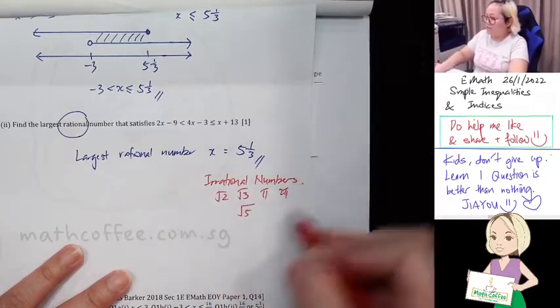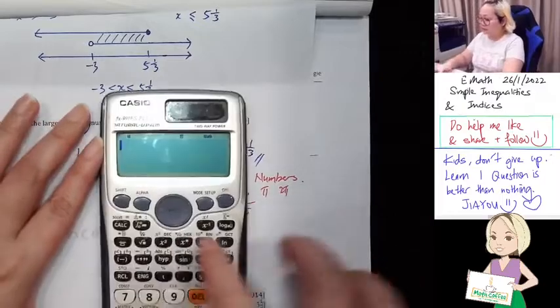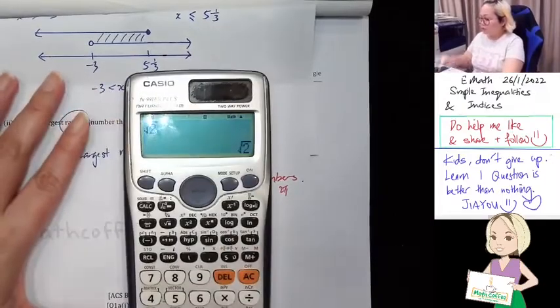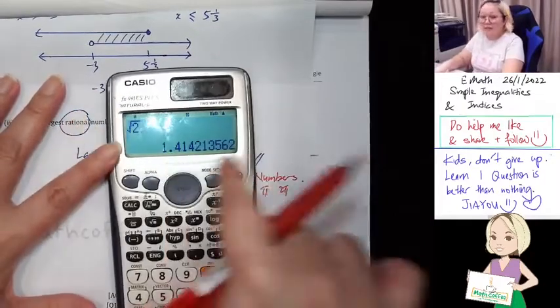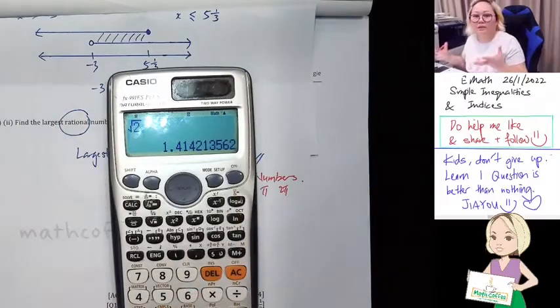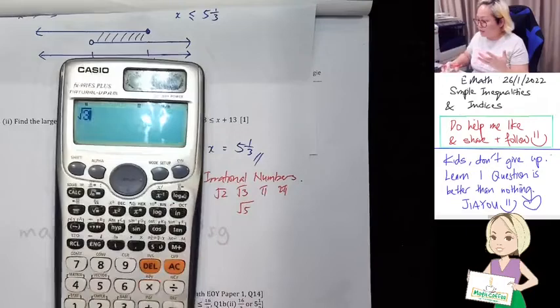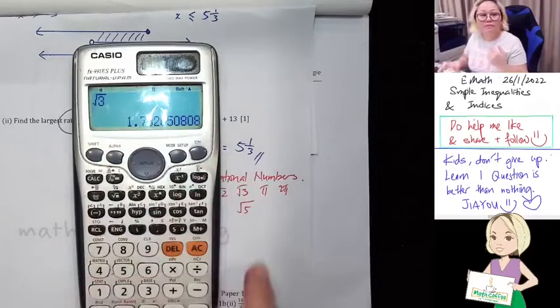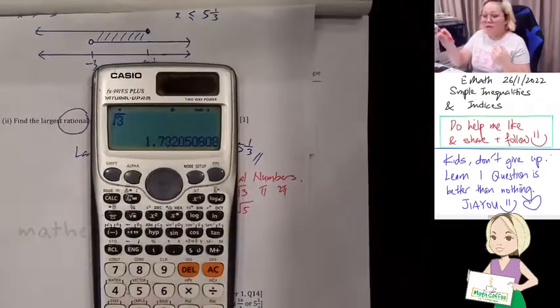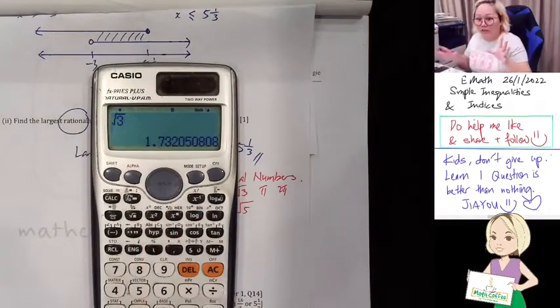All these are irrational. Why is this called irrational? Very easy. You go to the calculator, you key in square root 2. It gives you a very random decimal, so random that you cannot tell people what the decimal is. So this is irrational. Square root 3 is also the same thing. It gives you a very random decimal, so it is not a rational number.